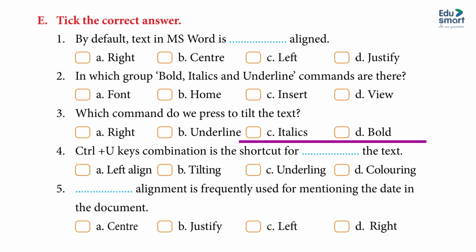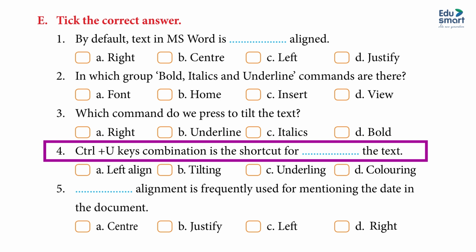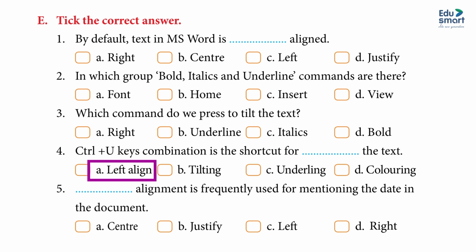4. Ctrl plus U key combination is the shortcut for dash the text. A. Left align. B. Tilting. C. Underlining. D. Coloring. Answer: C. Underlining. 5.